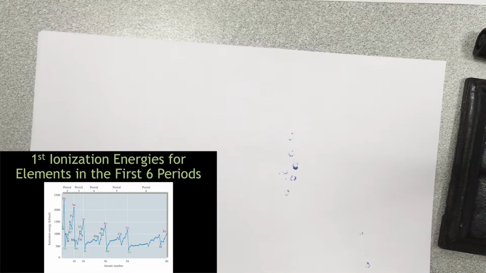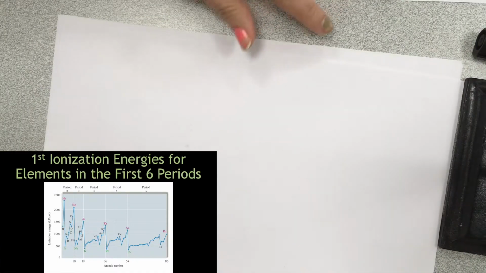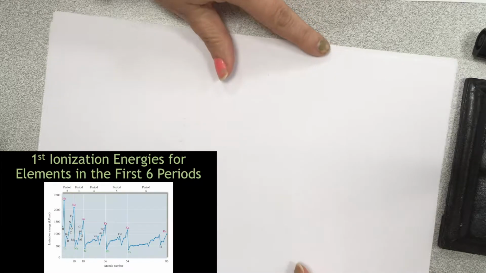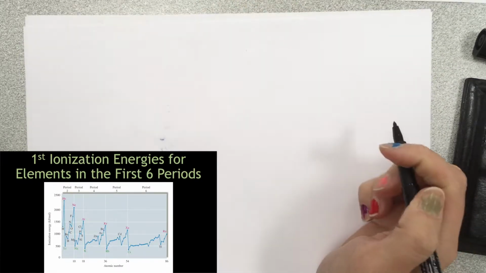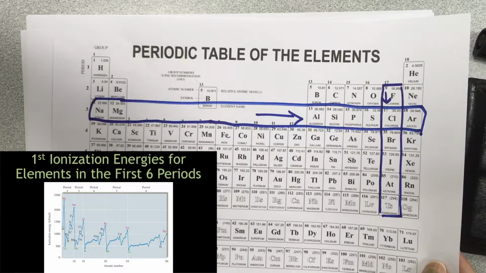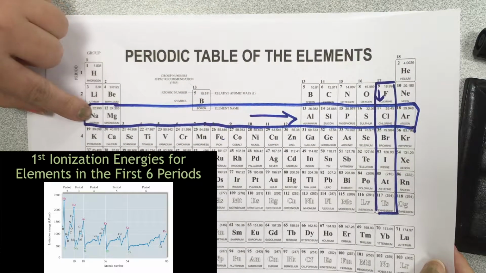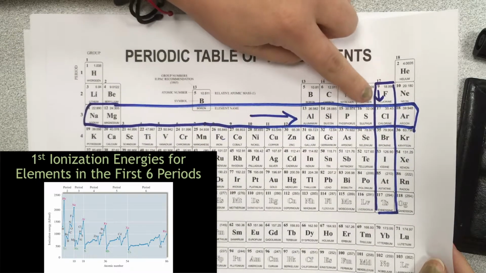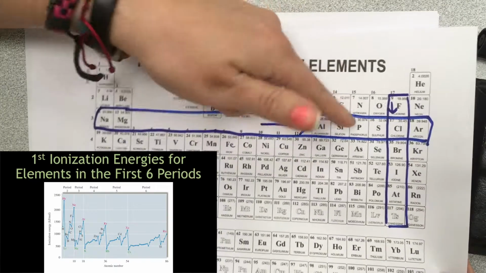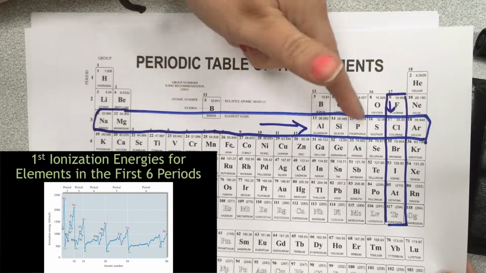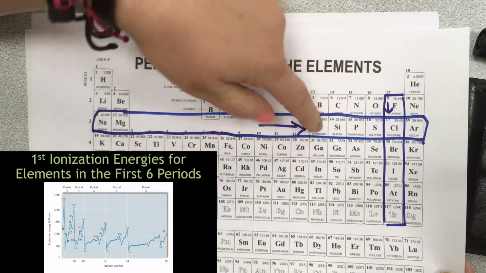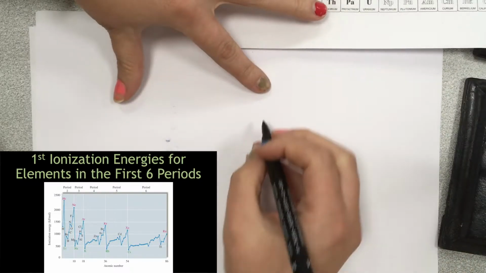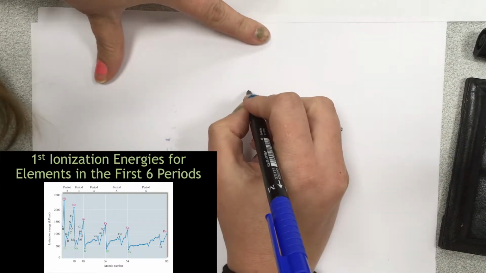Let's look at a period trend real quick. Okay, so let's look at a couple of examples from the period. Let's look at sodium and then chlorine, okay? They're going to have the same energy levels. They're both going to have 1, 2, 3 energy levels. So we'll do sodium.